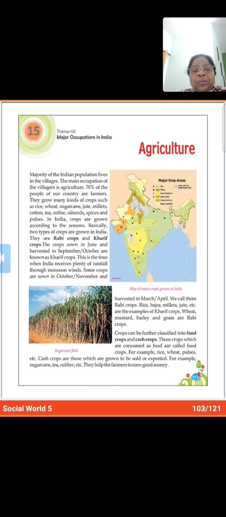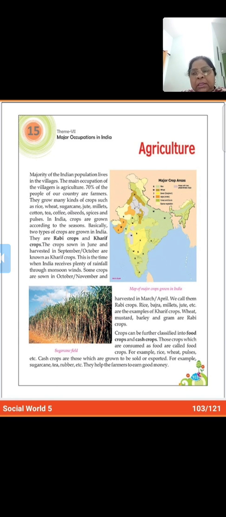The important crops grown during this Kharif season are paddy, rice, maize, jowar, bajra, jute, soya beans, cotton and groundnuts.